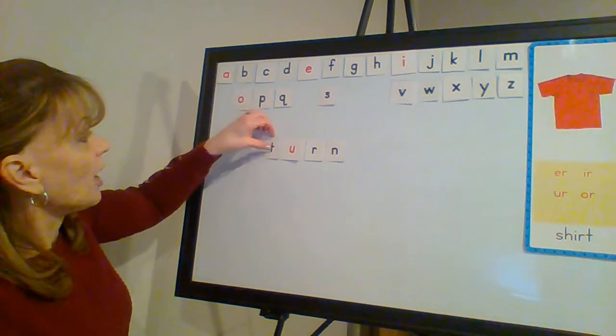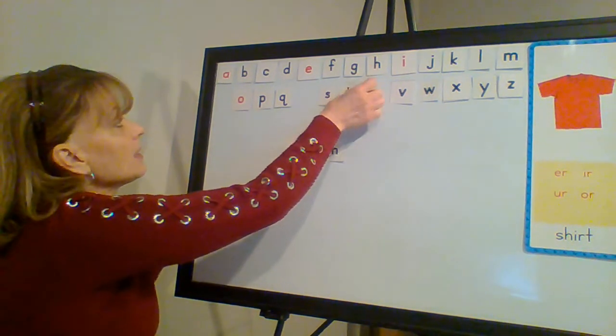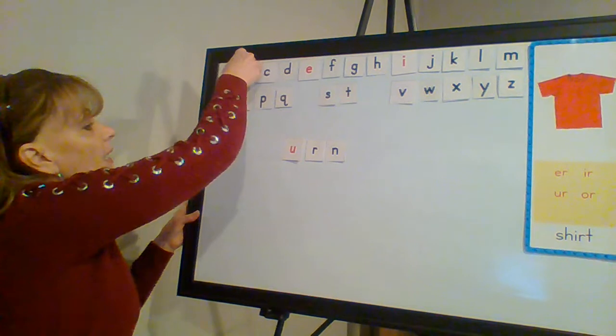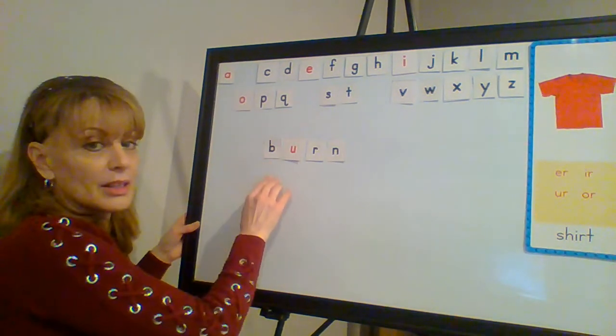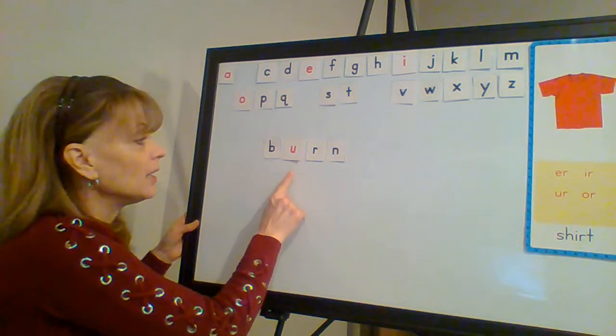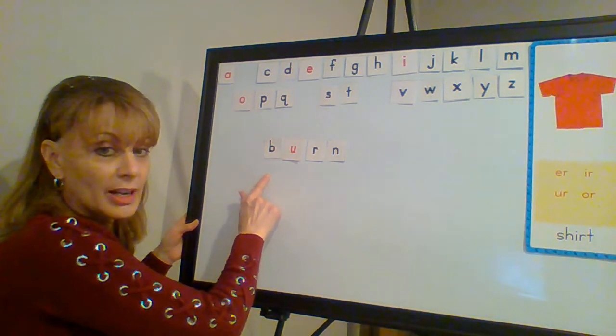So you took off the T, put the T back where it belongs, and took the B and put it in front. So now you have B-U-R-N with the B sound in front.